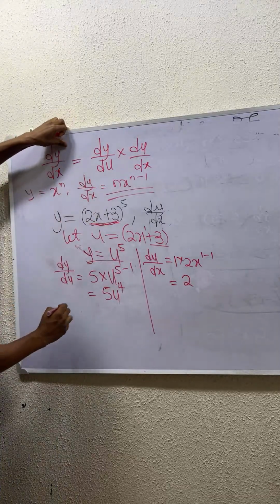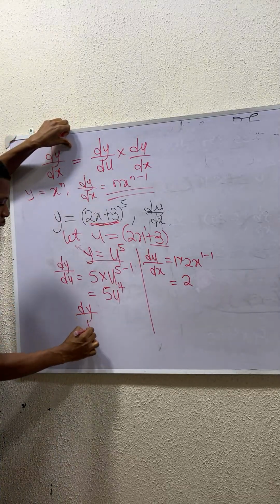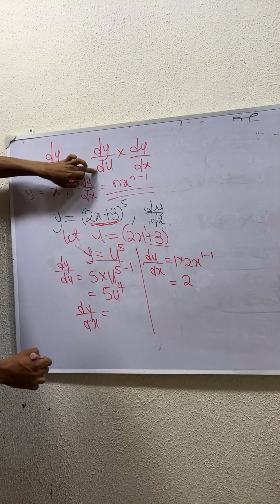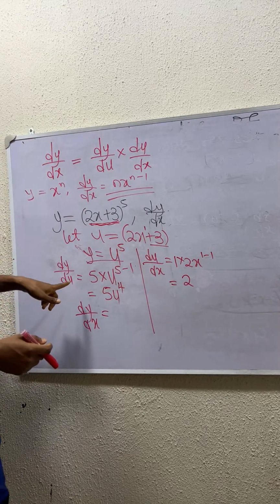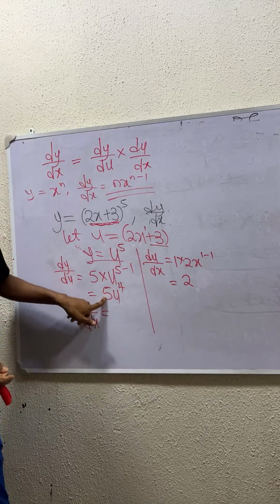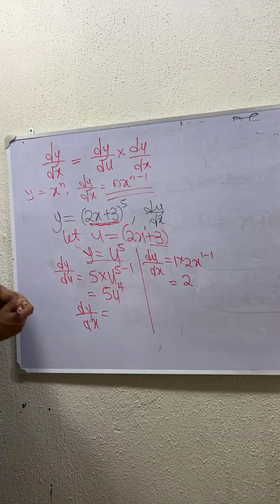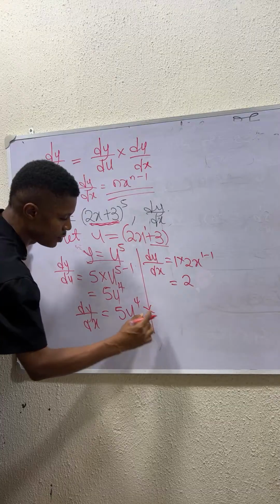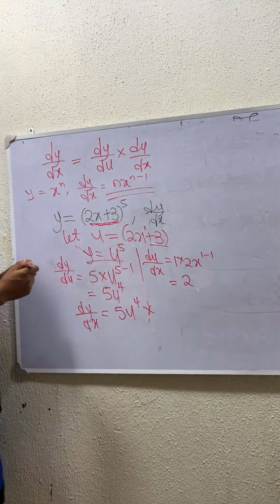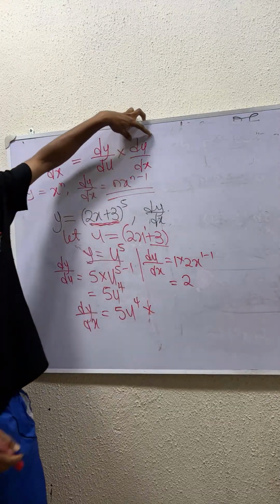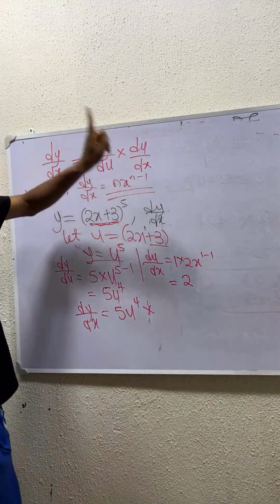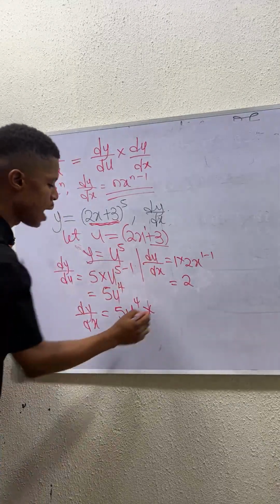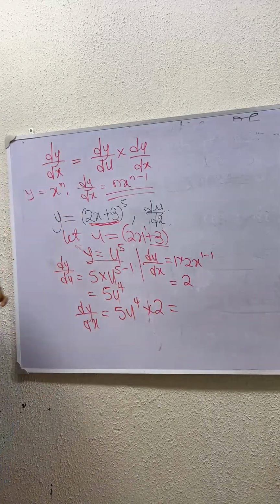So dy/dx is just the product of differentiating y with respect to u, which we found to be 5u power 4, times differentiating u with respect to x, which we found to be 2. So times 2.